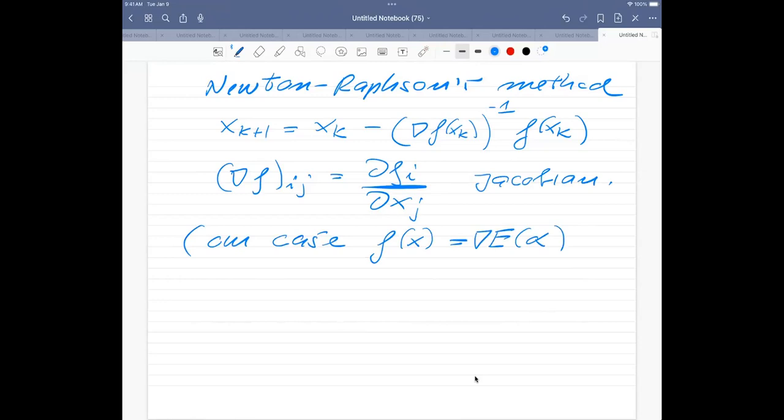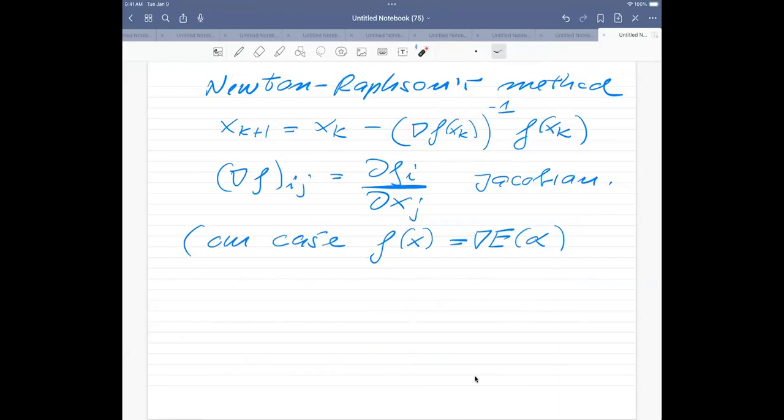That is in itself a vector. So the quantity which we have here, which is defined as a gradient, is actually a second derivative. And that leads to a matrix which is called the Hessian, the second derivative of the energy with respect to the variational parameters.